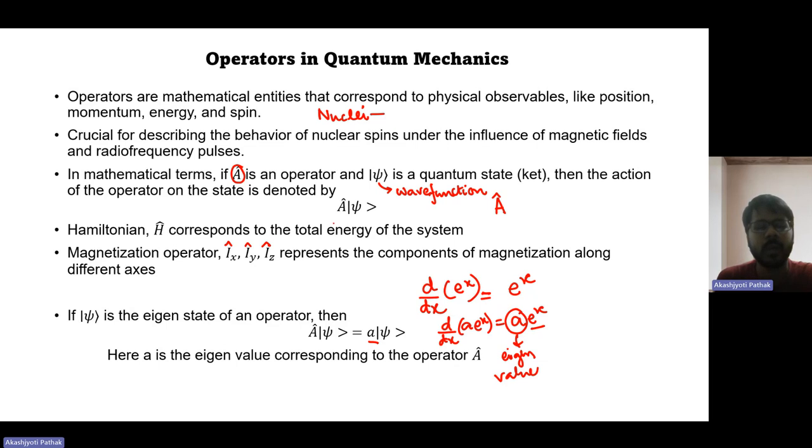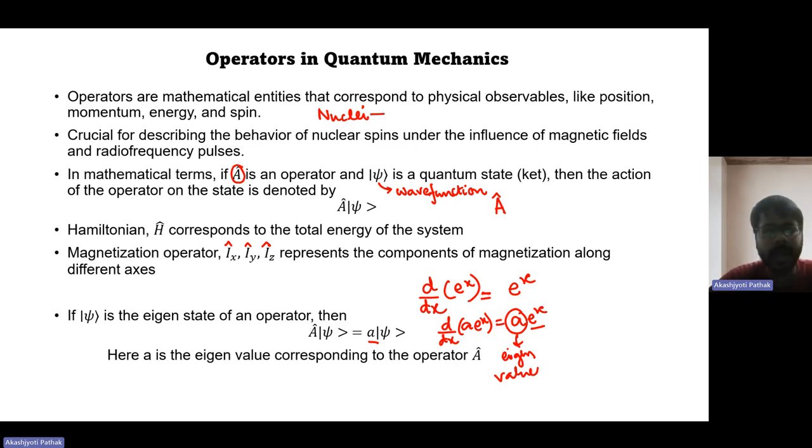But today, what we understood in today's lecture is what operators in quantum mechanics are. Operators can be considered similar to the operators we see in mathematics, like addition and subtraction.